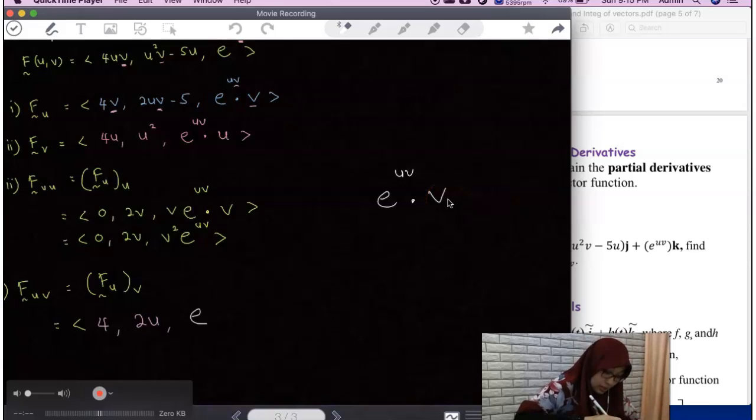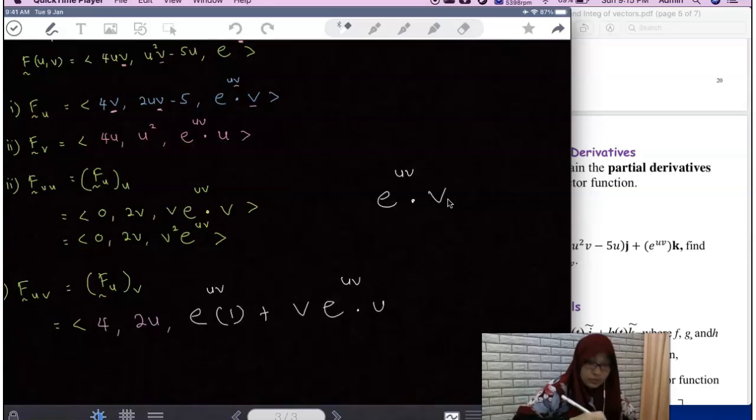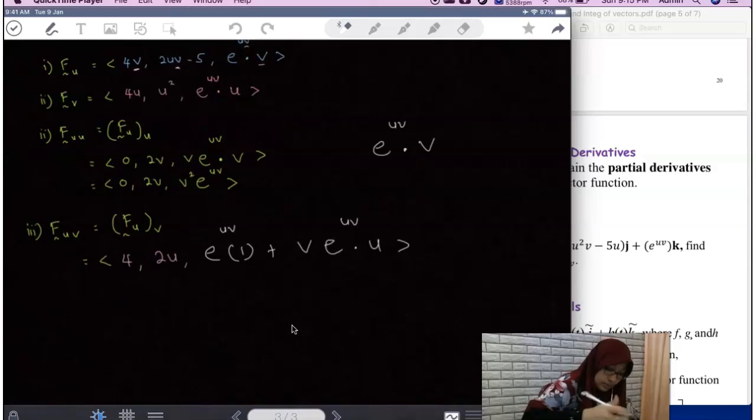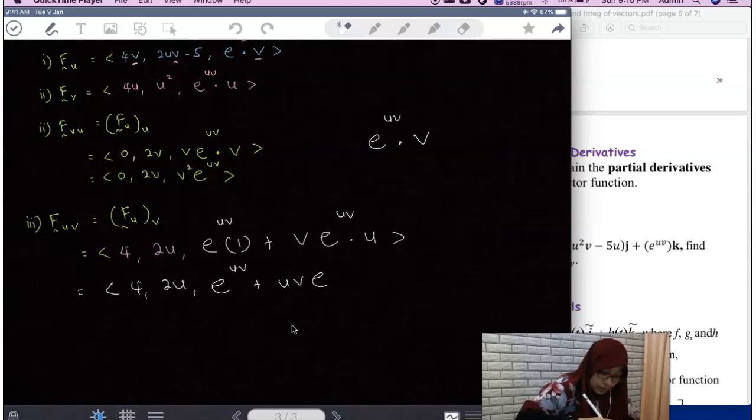So e^(uv) times 1 plus v e^(uv) times u, because you differentiate with respect to v and get u. So that's the combination of the chain rule and product rule. Now we simplify: 4, 2u, e^(uv) plus uv e^(uv). So that is your mixed partial derivative f_uv.